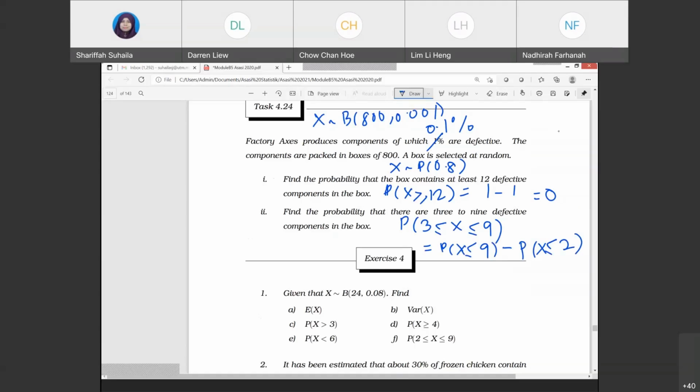Then you get 3, 4, 5, 6, 7, 8, 9. This one you have again lambda 0.8. So ini 1 minus 0.9526, so you will get 0.0474.